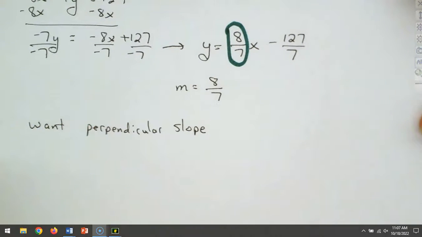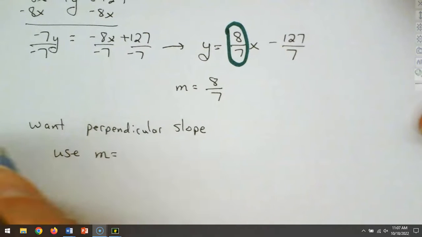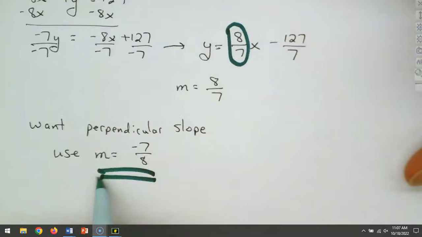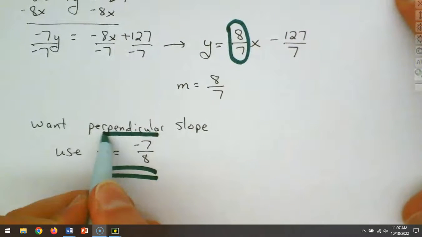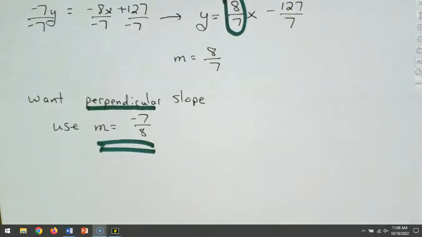And that's going to be the negative reciprocal, so we're going to have to use m equals negative 7 over 8. So that's what we have to use, because we want the perpendicular slope. So we flipped it over, and we changed our sign.